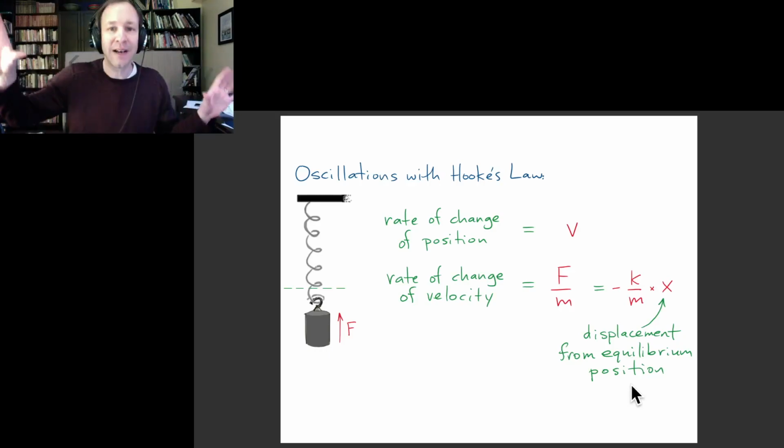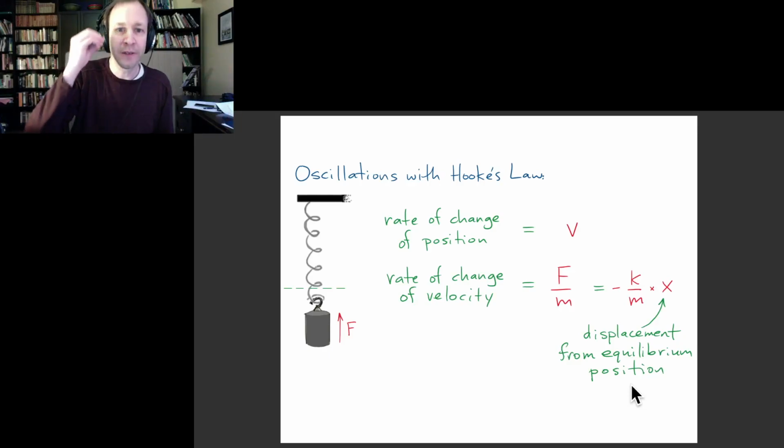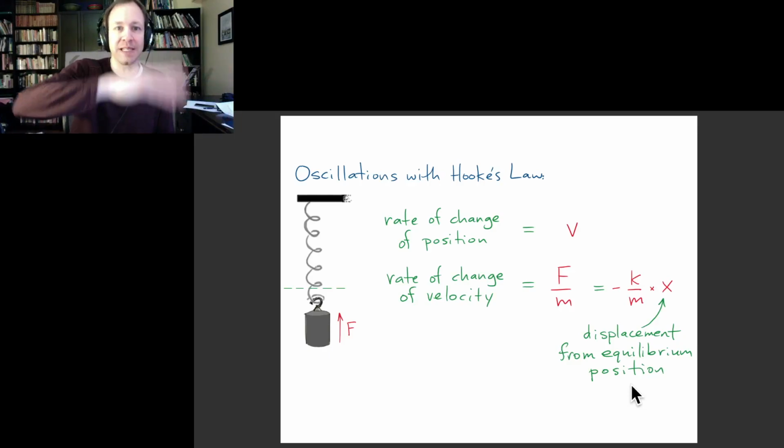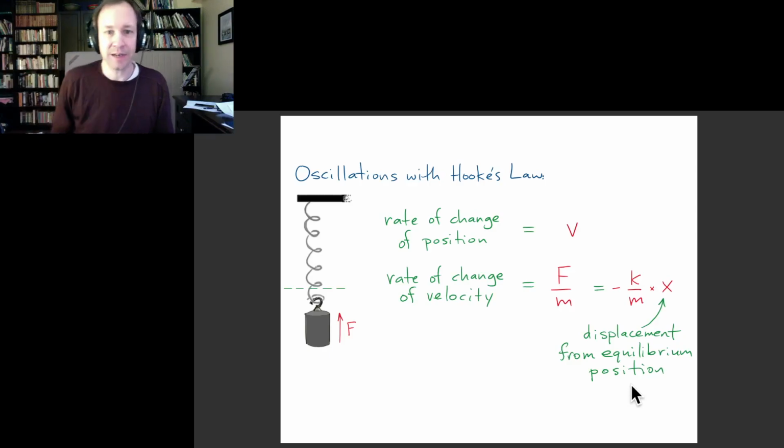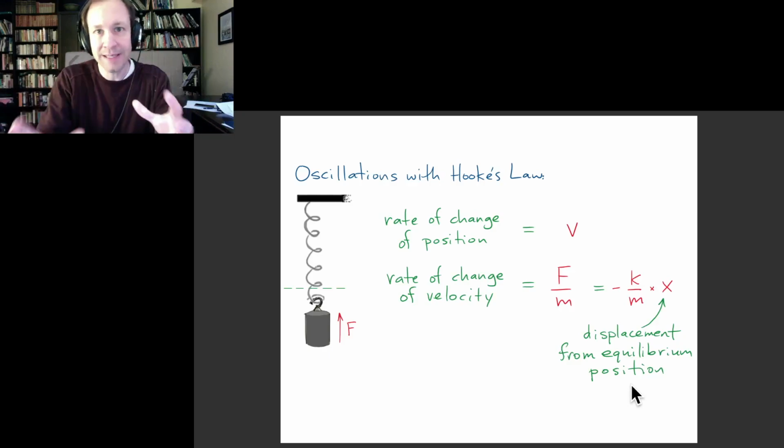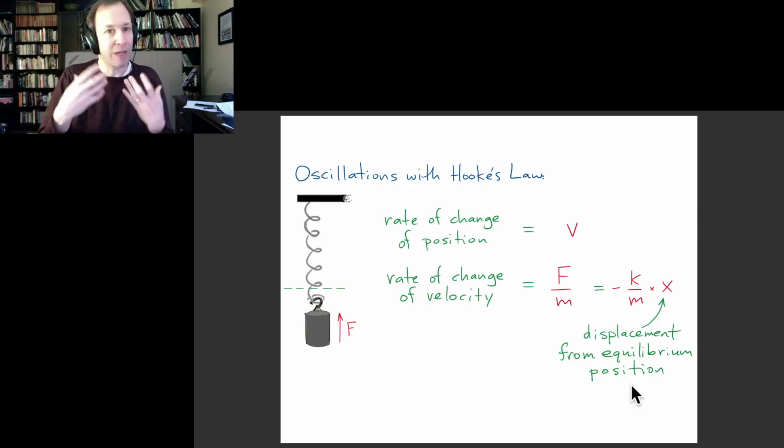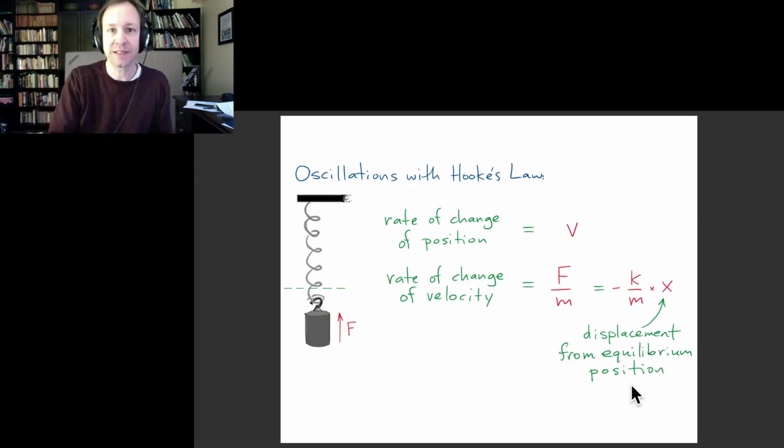This is enough physics to predict what's going to happen in the future as this object oscillates. So in the next video, we're going to start by seeing that simulation. I'll actually just put it into a computer and we'll see what it looks like. And then we'll start to understand the detailed quantitative properties of that motion.